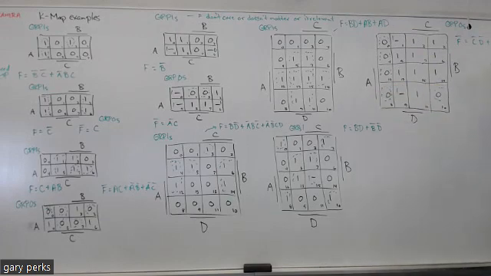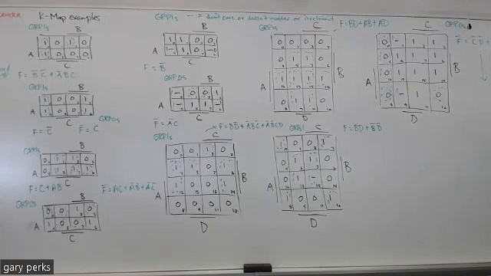Now, what do you think is the most common reason to get a reduced expression for not F? Because what did we do last class when we weren't talking about K-maps? Product of sums. Well, this is SOP, right?